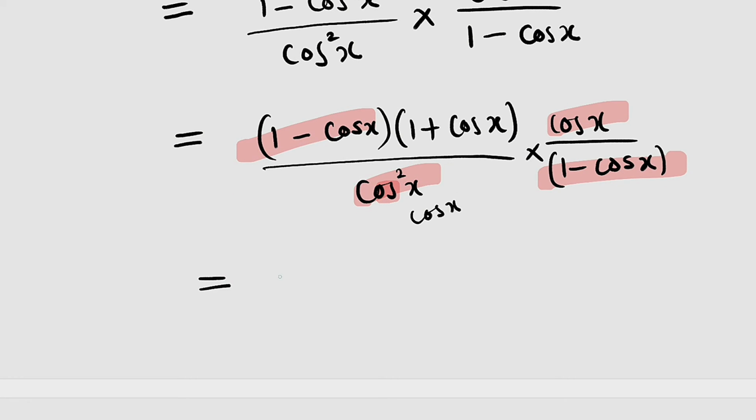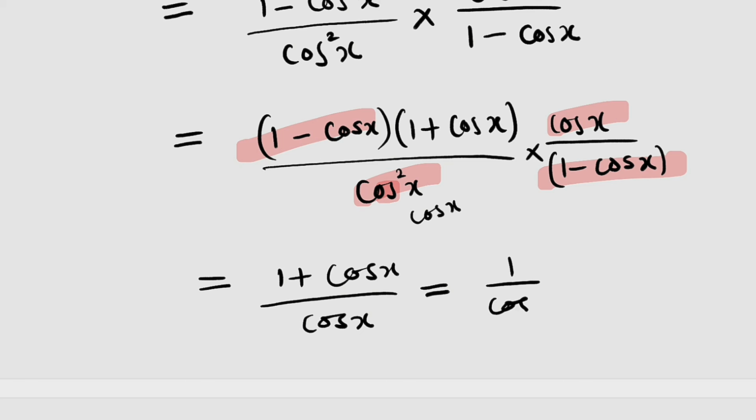This is equal to 1 plus cos x, all divided by cos x. And we can split this fraction as 1 divided by cos x plus cos x divided by cos x.